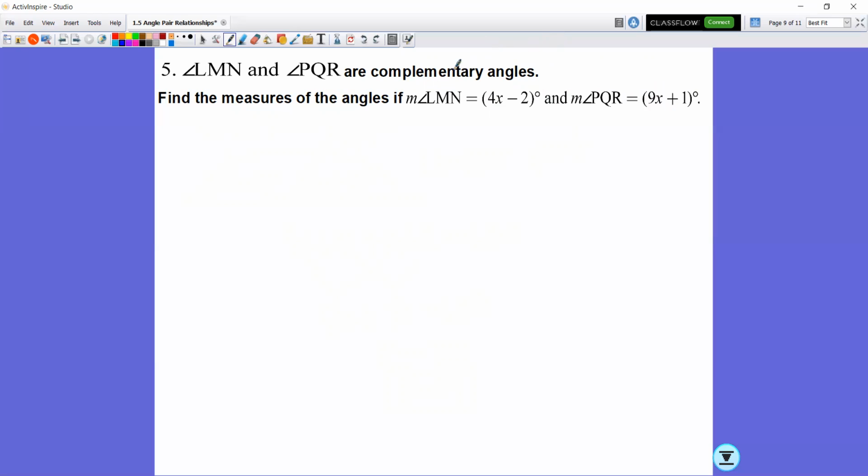First off, I'm pretty sure we all know the complementary angles equal 90 degrees together. So we're going to take these expressions, add them together, and set it equal to 90. 4x minus 2 plus 9x plus 1, all of that equals 90.